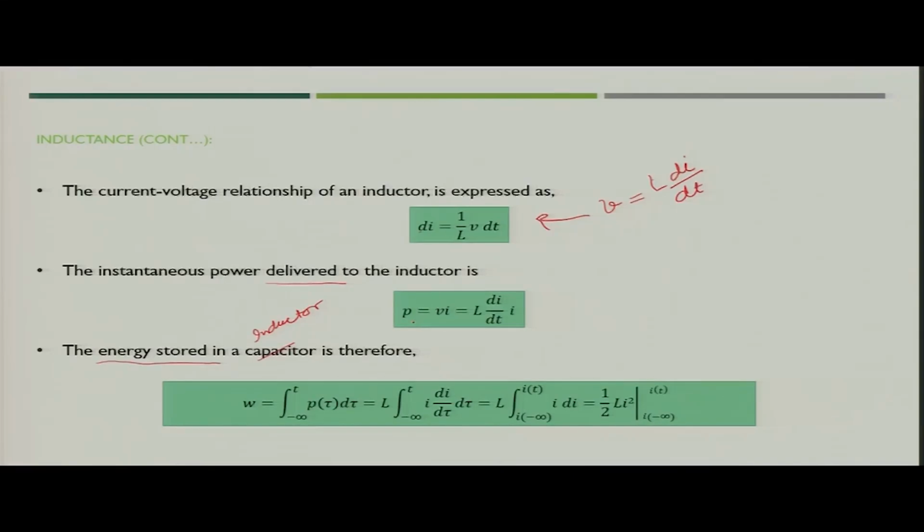You replace the value of p from here, so that becomes L I dI by d tau, and if you integrate you will get half L I squared, with the current limits from minus infinity to any time t.